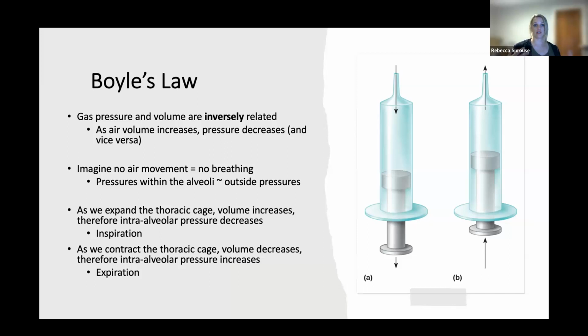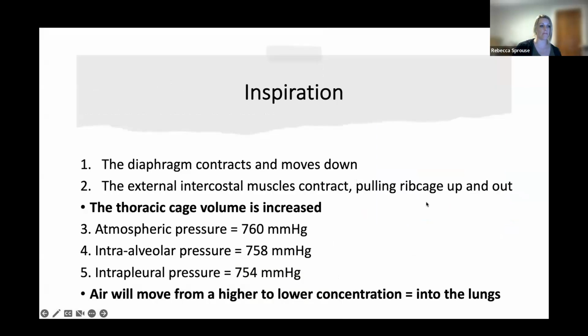Your thoracic cage expands, and if you're increasing that volume, you're decreasing the pressure inside your lungs. That's inspiration. That's what allows us to take air in. On the contrary, as we exhale, we are contracting our thoracic cage, contracting that volume, and so the pressure is going to increase and force air out. It's just like this plunger, if this was our thoracic cage. We're going to go over these again.